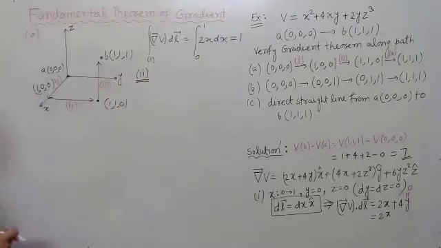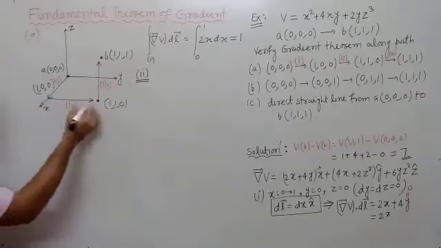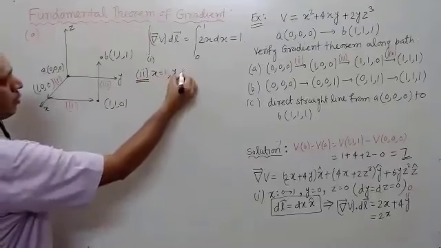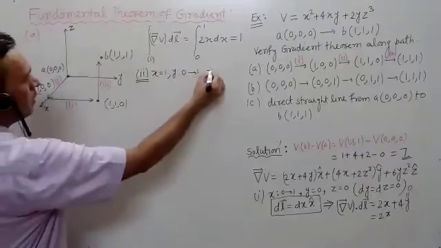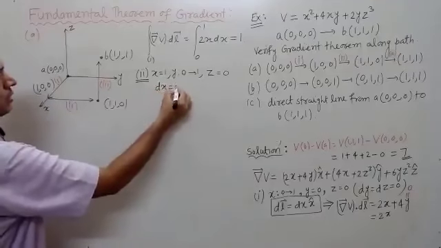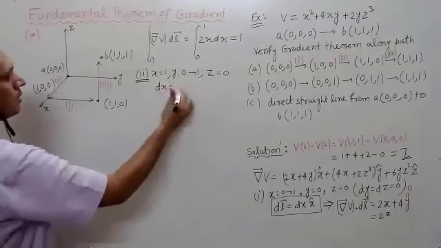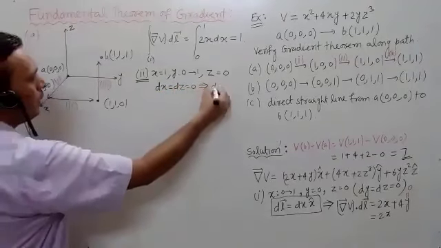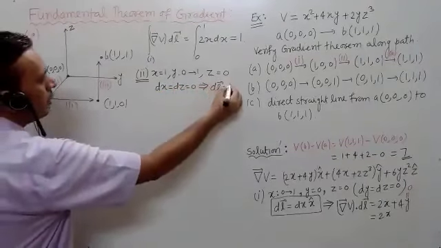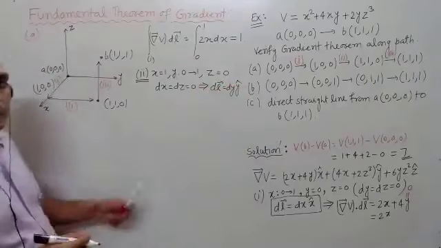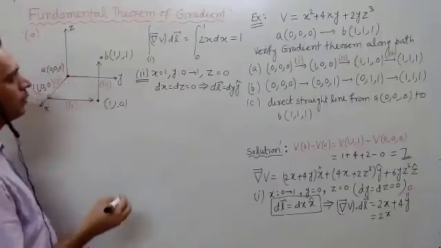So along segment 2, x is 1, y is 0 to 1, z is 0. So dx is 0, dz is 0. So dl will be dy y cap.